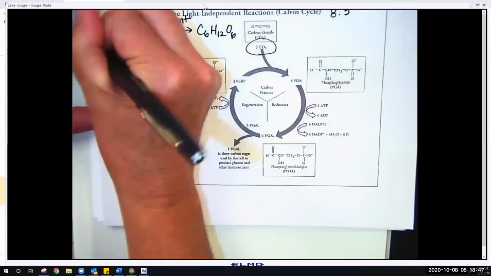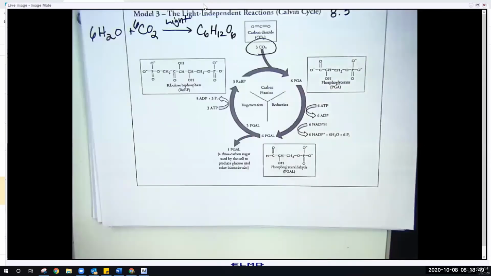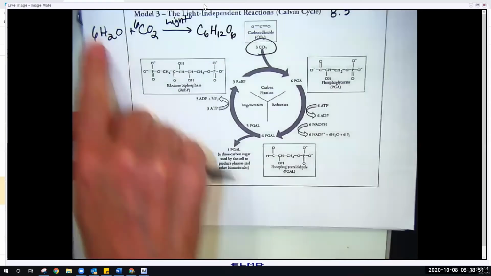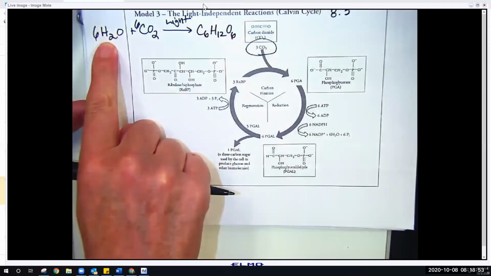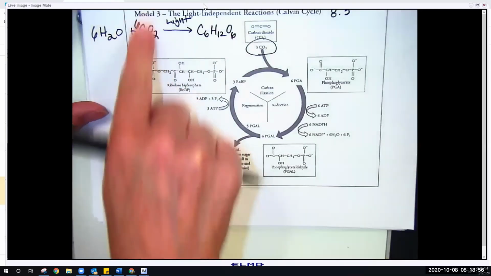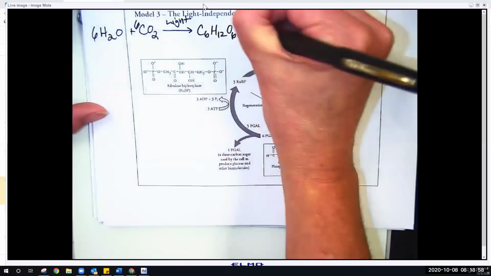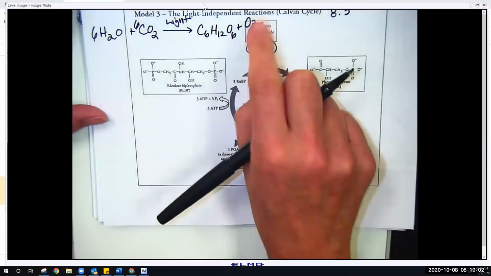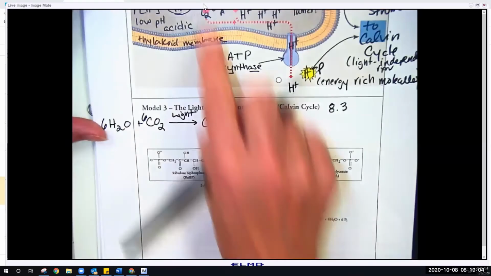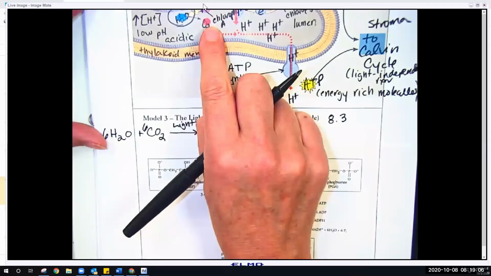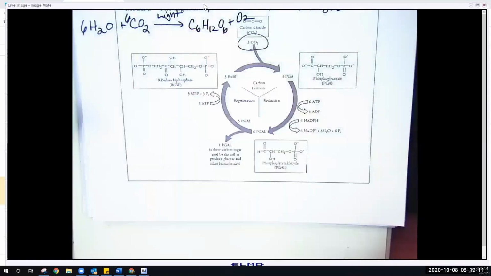I'm going to put 6's in front of there just to balance it out. This is needed in the light reaction. This is happening in the Calvin cycle. We also have the product of oxygen gas, and we know that oxygen gas is produced up here in the light reaction as well. What we really need is to start making some sugar.